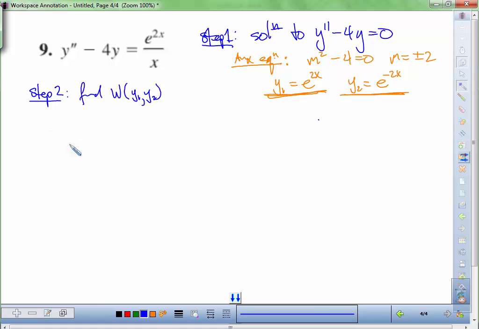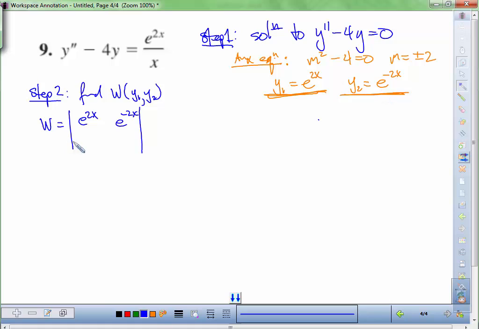And now we're going to call this W. We'll write the functions up on top, e to the 2x and e to the negative 2x. And again, it's important to put them in the order that you want. You could have done e to the negative 2x first, as long as you're consistent when you're finding your u1 and u2, that's fine.